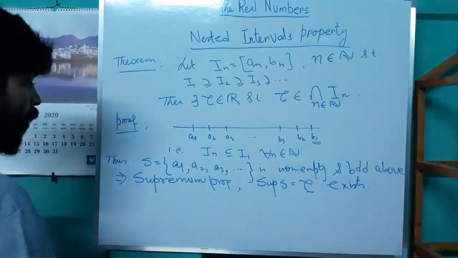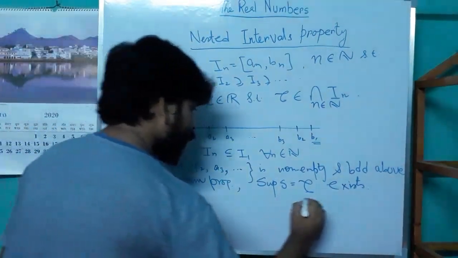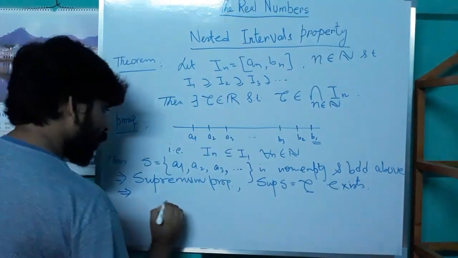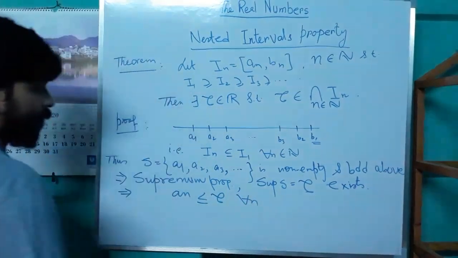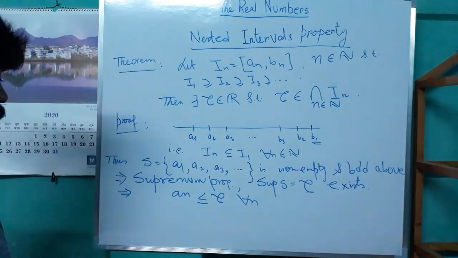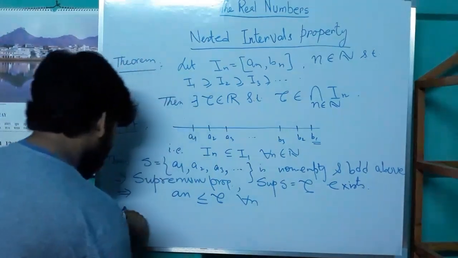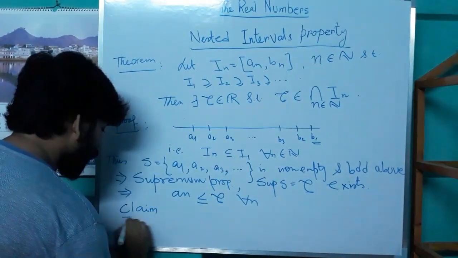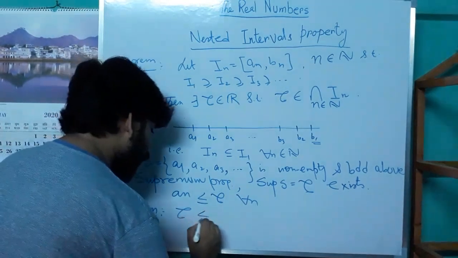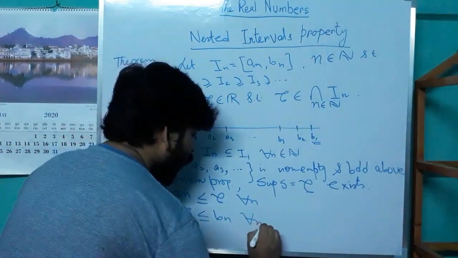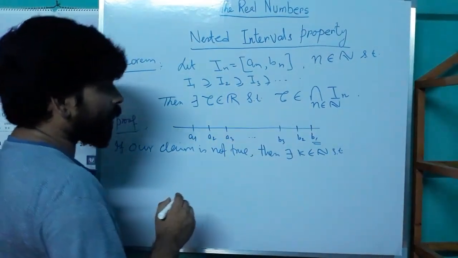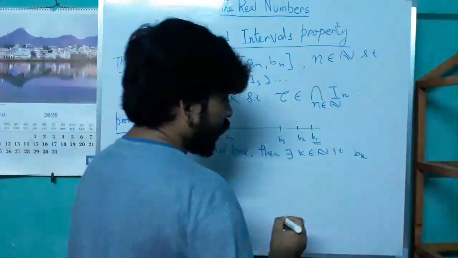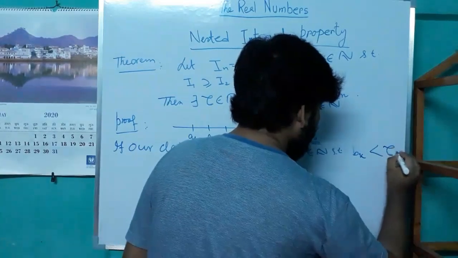Okay. So obviously An is less or equal to zeta for all n. Now our claim is zeta is less or equal to Bn for all n. So if our claim is not true, then there exists a k belongs to N such that the corresponding Bk is strictly less than zeta.